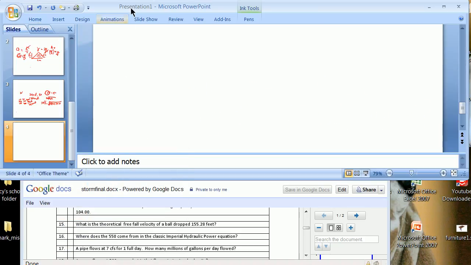Here, we want to go from 7 cubic feet per second to, if you think about it, gallons per day. And it is a straight conversion.